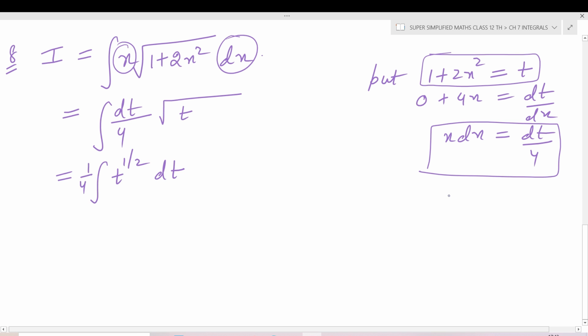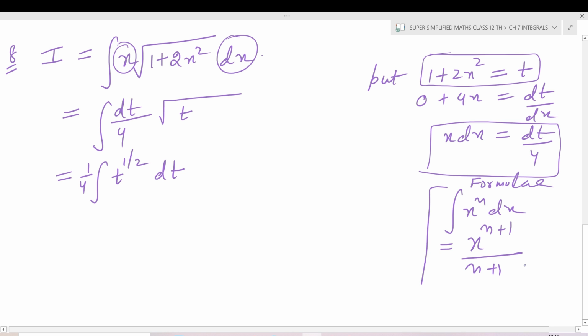So now I have to integrate. This is the formula that we are going to use to integrate t raised to the power 1 by 2. So this is the formula, x raised to the power n, its integration is x raised to the power n plus 1 upon n plus 1.